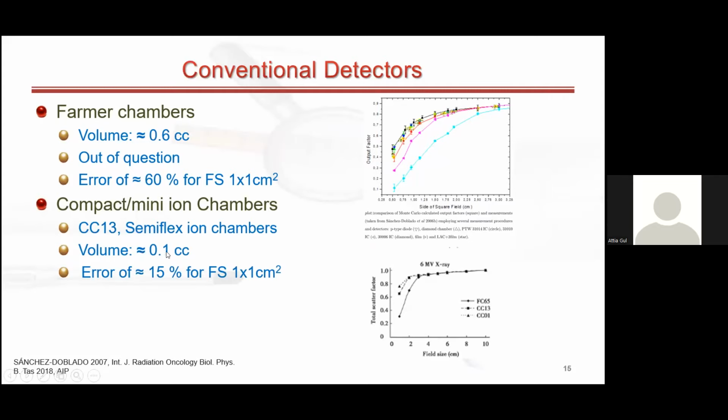Its volume is about 0.1 cc. For example, for CC13, its volume is 0.13 cc, and for semiflex PTW, its volume is about 0.145 cc. But it gives us an error of about 15% for a field size of 1 by 1 centimeter square. Again, we cannot use it for this field size.